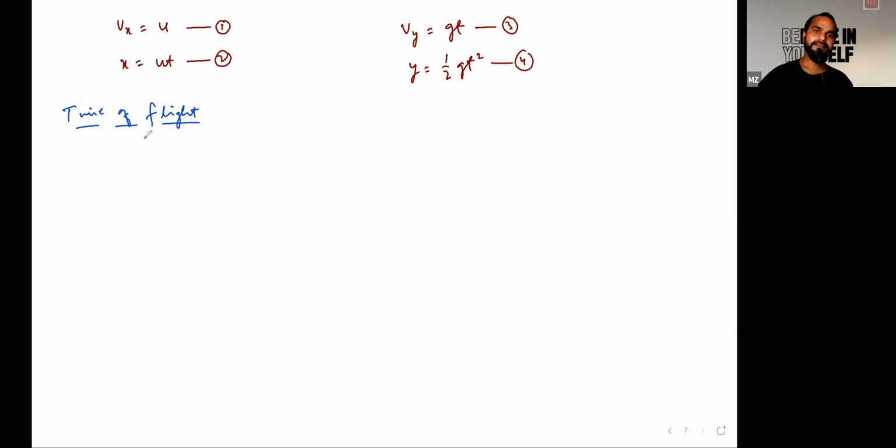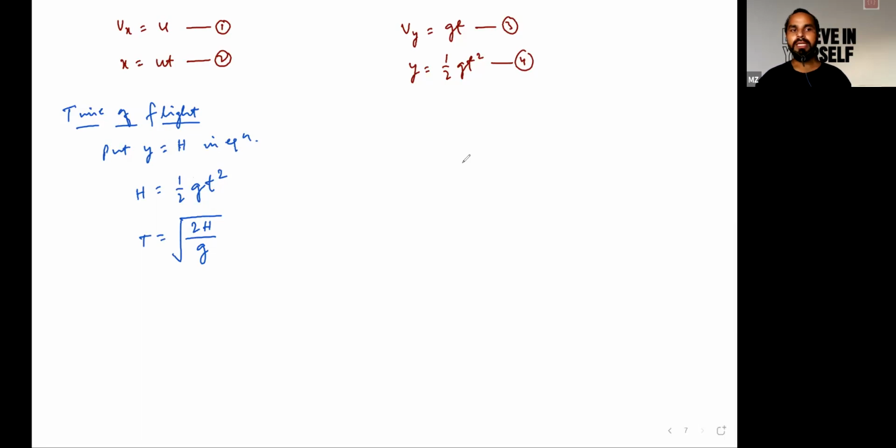For this, use equation 4 and put y equals h. So if you solve this equation, it will be h is equals to half gt square, or if you move these terms to the other side, t would be equals to root under 2h by g. So this would be your time of flight.